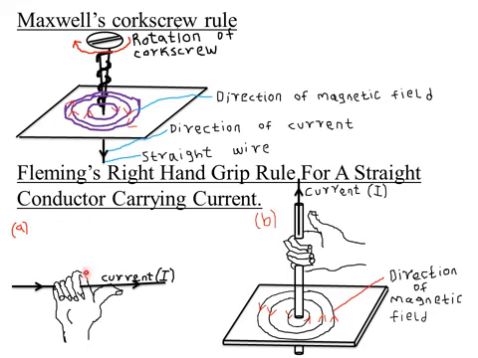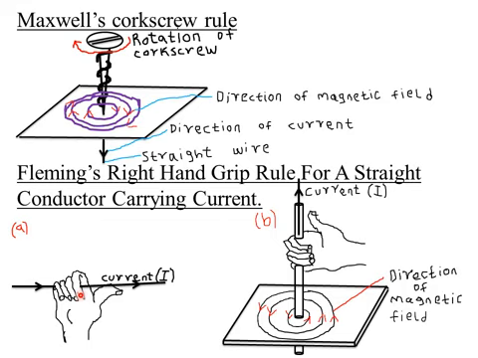So in this case, the magnetic field will be moving in this particular direction, along the direction of my fingers here. The direction of curling of the fingers represents the direction of the magnetic field.